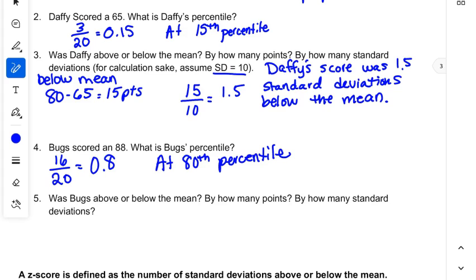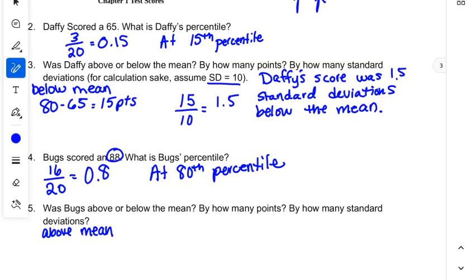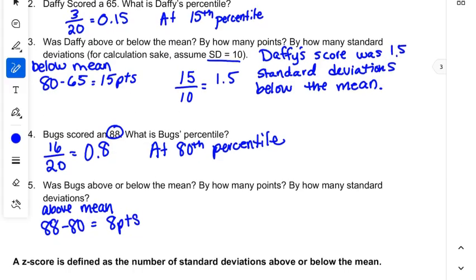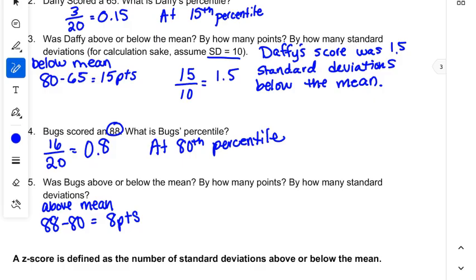Okay, was Bugs above or below the mean? Above. We need to find out how many points above the mean. The score was 88, so we subtract 88 minus 80. So 8 points above the mean. Even though we can do 88 minus 80 in our head, you would want to write it out to show your work. Now, about how many standard deviations?